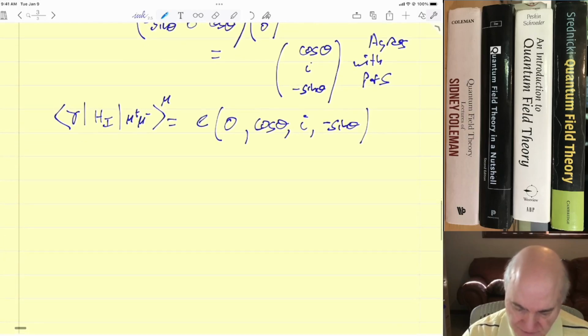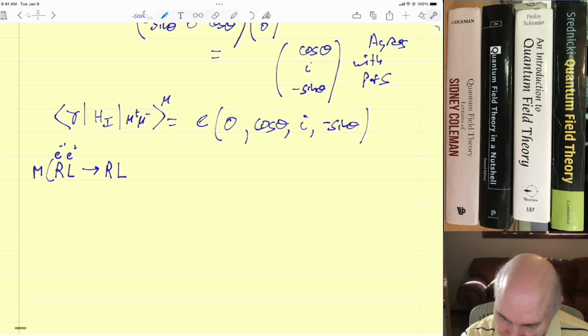Okay. So the matrix element, to go from a right-handed electron and a left-handed positron to a right-handed muon and a left-handed one, I'll call this e minus, e plus. I keep doing that.